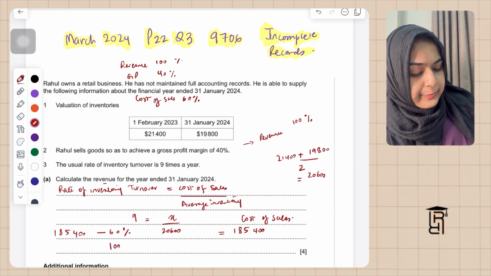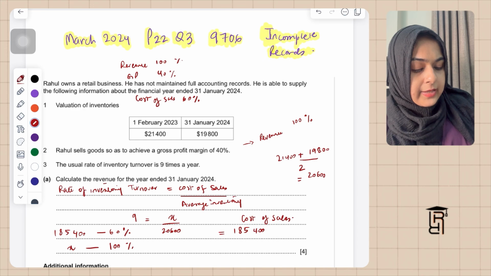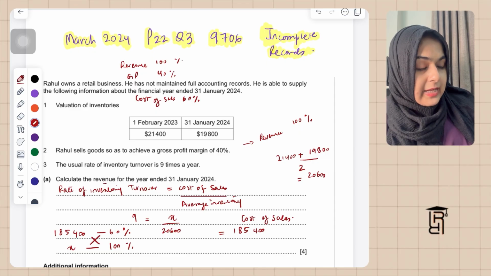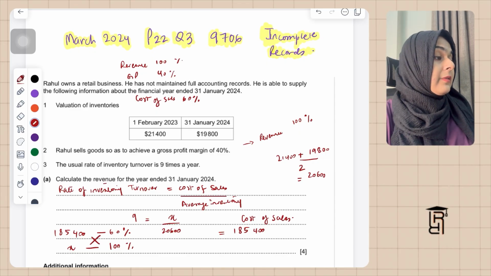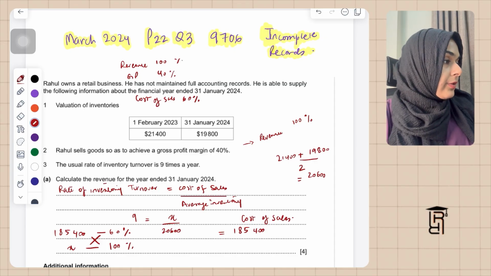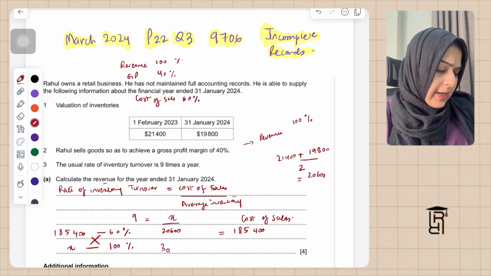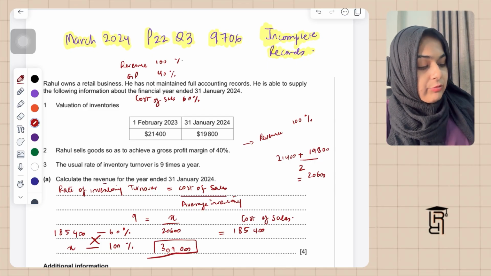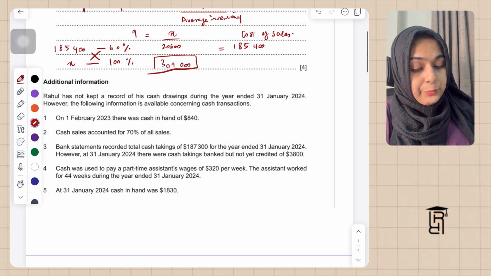What is 100%, which will give me my revenue? So when I equate this with x, 185,400 is 60%, and x is 100%. When I calculate the value of x, I'm going to get revenue, which will be 309,000. This is my final answer for revenue.